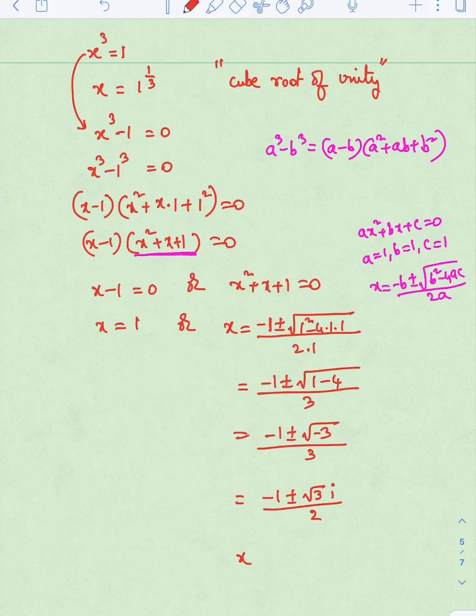So what are the other roots? These are the two roots taken. One is alpha, the other one is beta. So they are what? One is minus 1 by 2 plus i root 3 by 2. And what is the other one? Minus 1 by 2 minus i root 3 by 2. So these are cube roots.